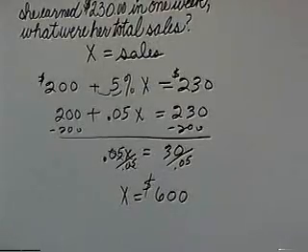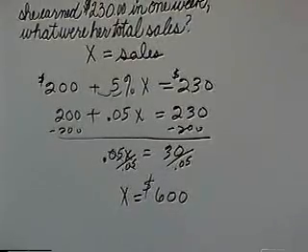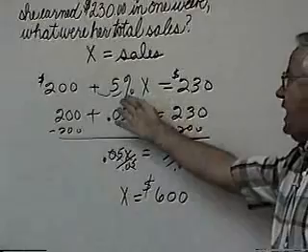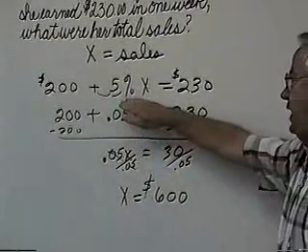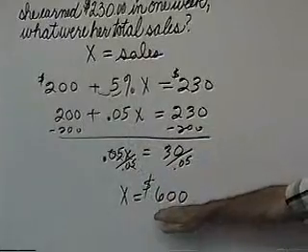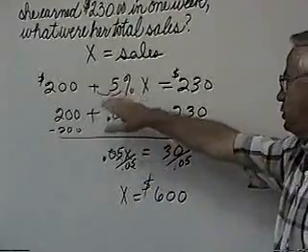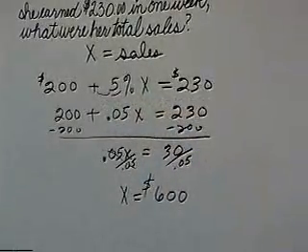Okay, then you should remember to always check your work. If you take 5% of 600, you get 30. So that's 30 plus 200 checks out.